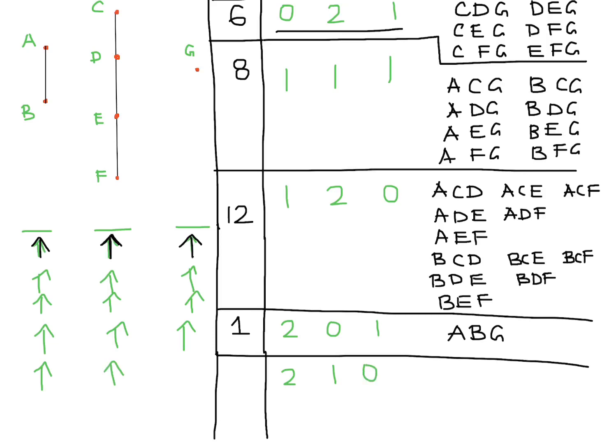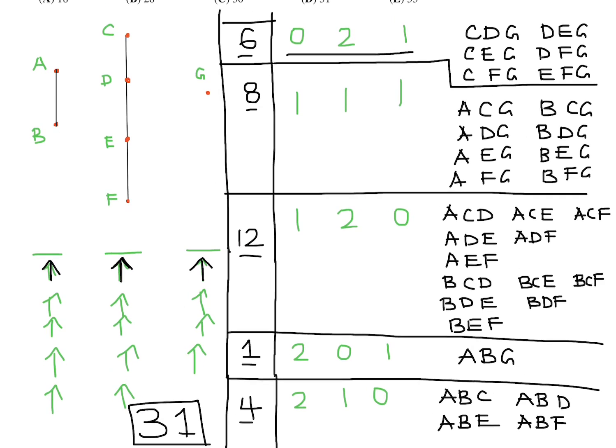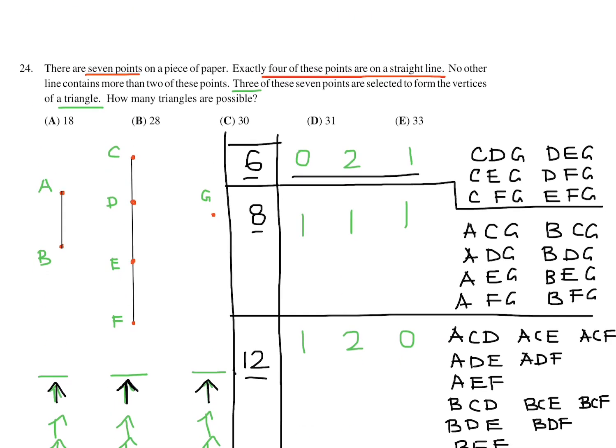And that would give you the following triangles: A, B, C, A, B, D, A, B, E, and A, B, F. So that's 4. So the total, 6 plus 8 plus 12 plus 1 plus 4, that is 31. 31 total. So I hope you understood how I did it. It's a very nice systematic way of doing this. So 31 is for number 24, D.